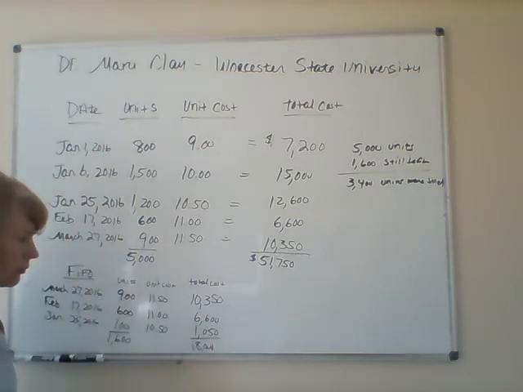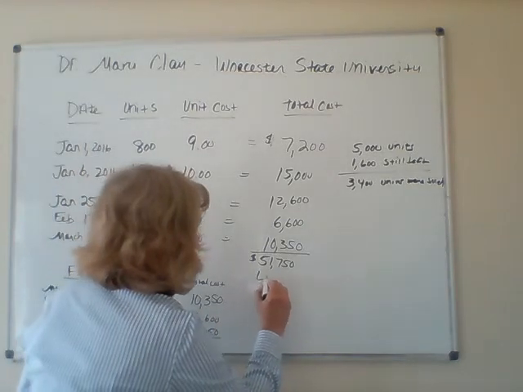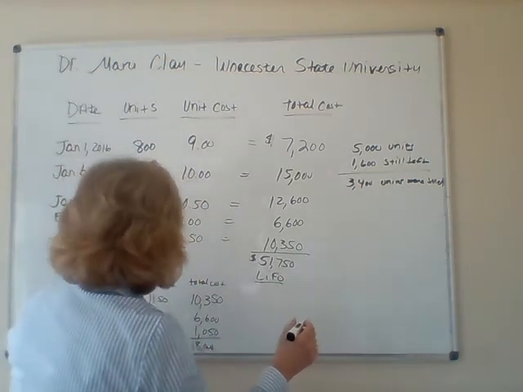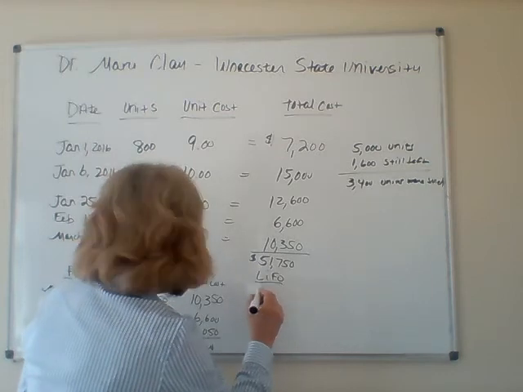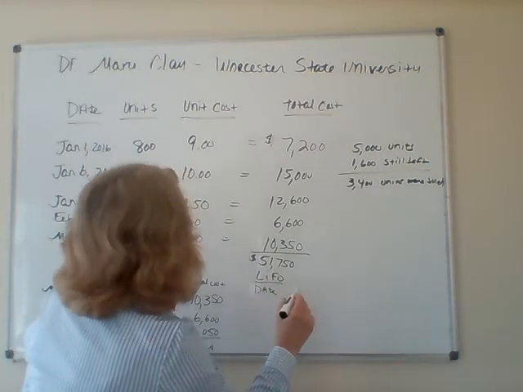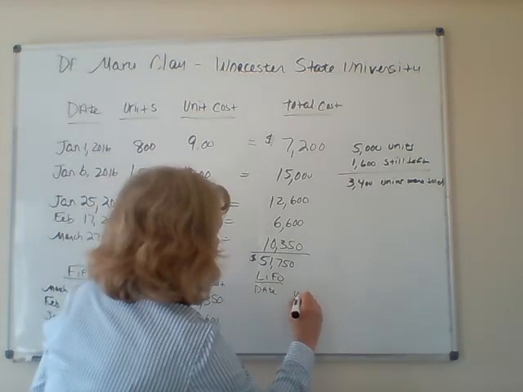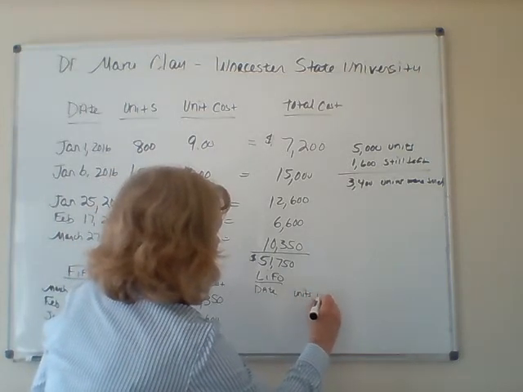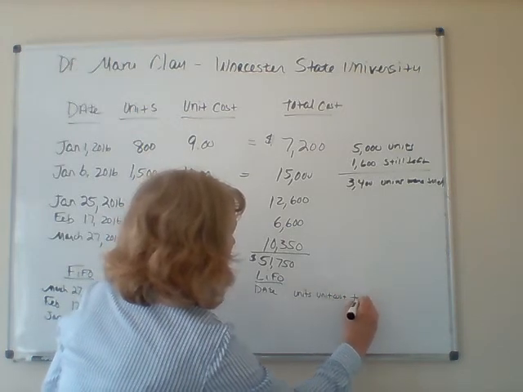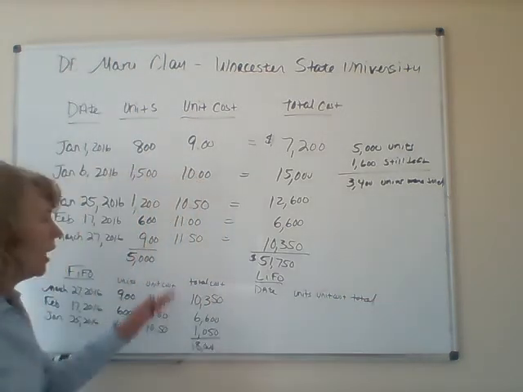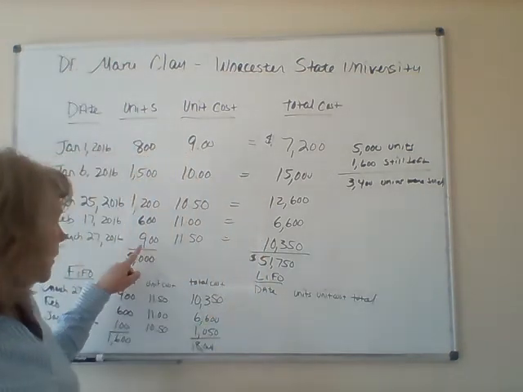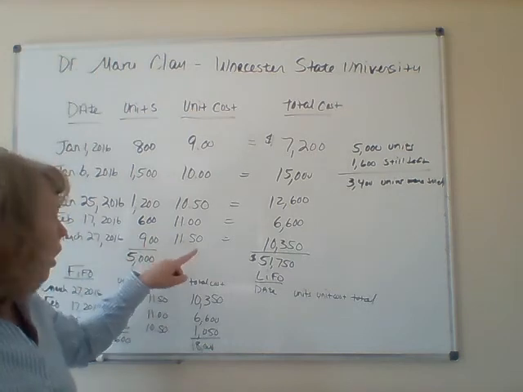All right, now let's do LIFO. So we're going to have the date, then the units, unit cost, and total. All right, LIFO. The last ones in were the first ones out, right? So these are gone.